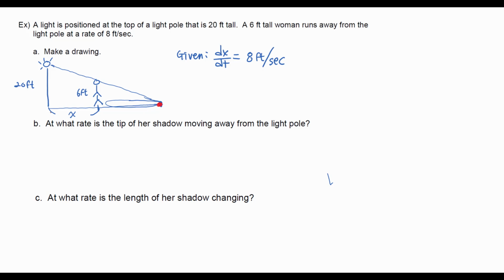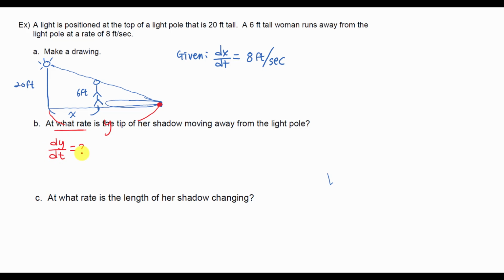Since it's changing with her walking away from the pole, and we need to find at what rate the tip of her shadow is moving away from the light pole, let's call this whole length y. So what they are asking you to find is dy/dt. That's the quantity that needs to be found.